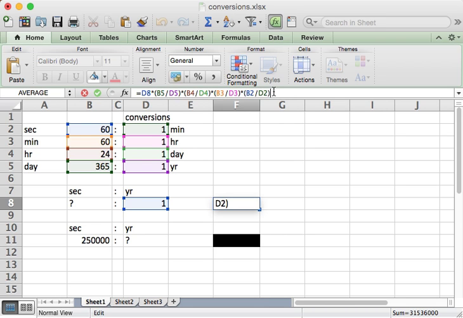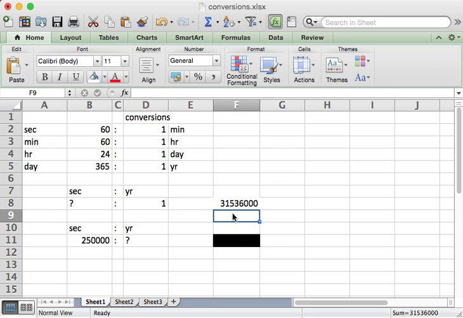So now what if I want to go backwards, seconds to years? Well, then I'm canceling the other units, right? So get off of that one, make this white. So I'm starting with my 250,000 seconds here. I want seconds to cancel.